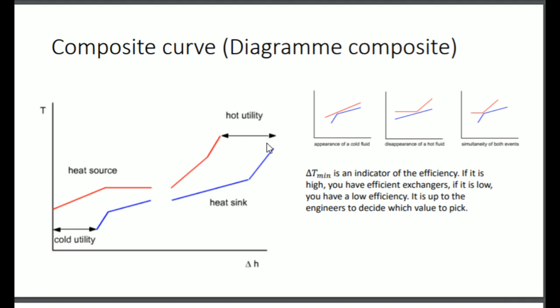This difference in enthalpy is the hot utility, and everything that is in between is the enthalpy used by the system, which means that it's all the energy that is given from the hot to the cold. Now, what is the slope of this curve? We have a diagram of temperature as a function of delta H, so the slope is 1 over big Cp.